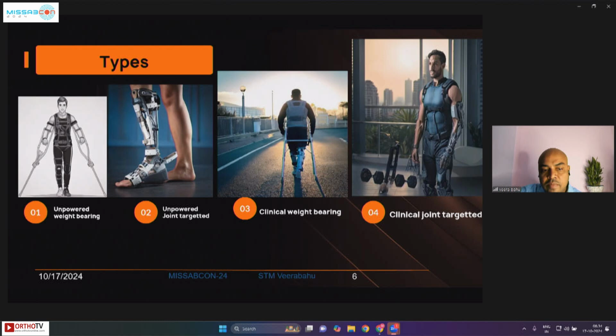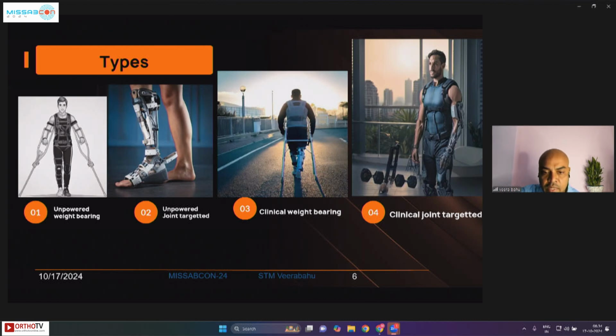And the second is when you target a specific joint, which are also unpowered. When I say unpowered, there is no external energy given to the system. So it can be a spring, it can be a gas spring kind of an entity, where it stores energy and can return the energy. But in general, it is not power driven.